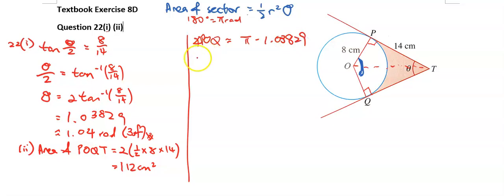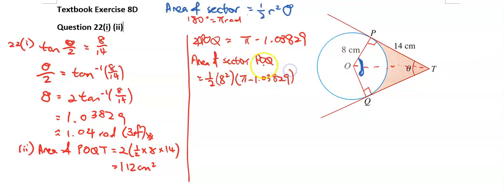Okay, so the area of sector POQ would be half times 8 squared times pi minus 1.03829.